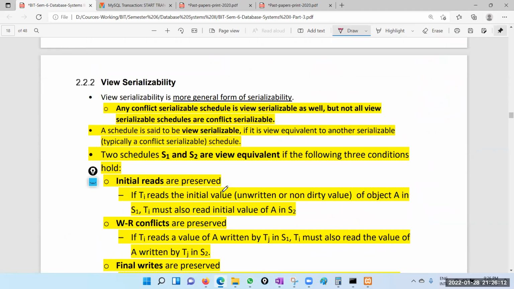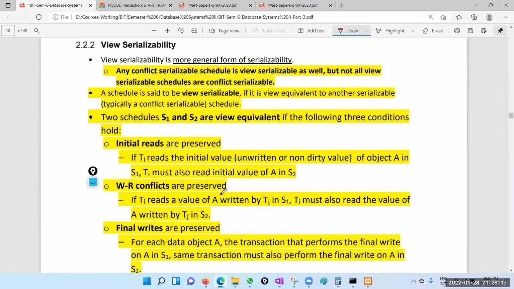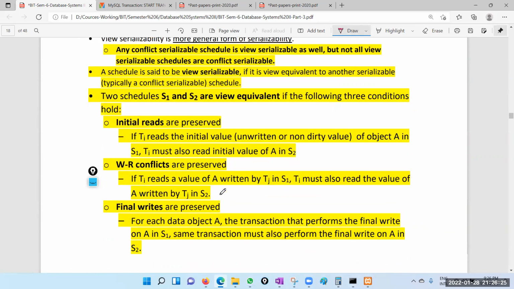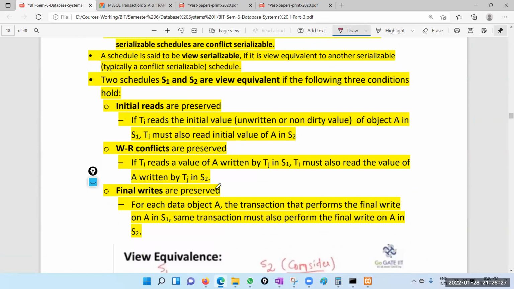Right, how to check whether a given schedule is view serializable? It's very easy. You have to check 3 conditions. We say that schedule 1 and schedule 2 are view equivalent if the following 3 conditions hold.